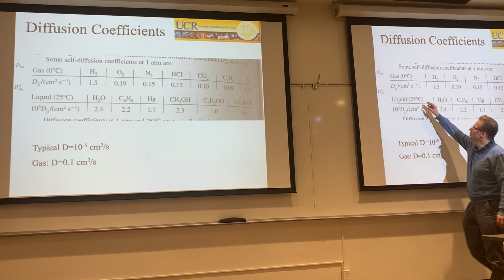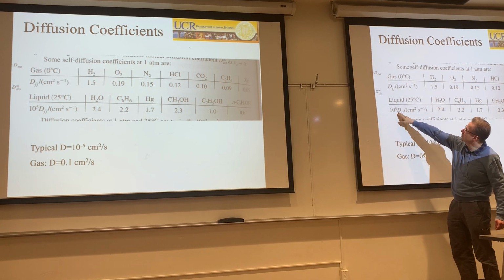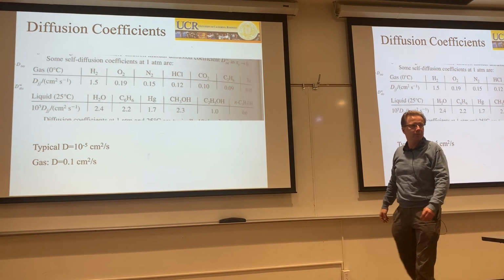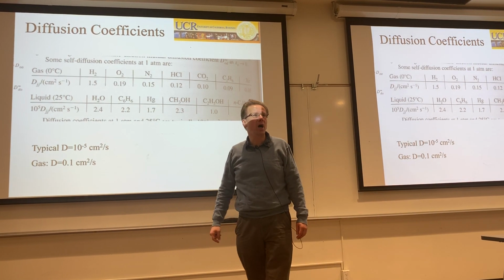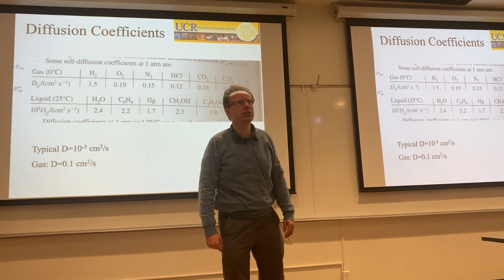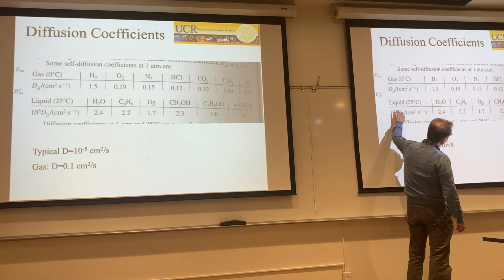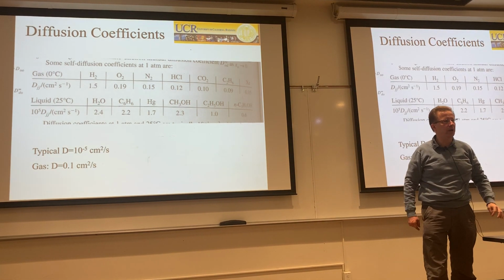Know that the diffusion constants for the gases over here are in these values, and then it's 10 to the 5 times, so 100,000 times. So in liquid, the diffusion is about 100,000 times slower than in the gas phase. If you have this 100,000 factor or so, then those values are of similar order of magnitude.